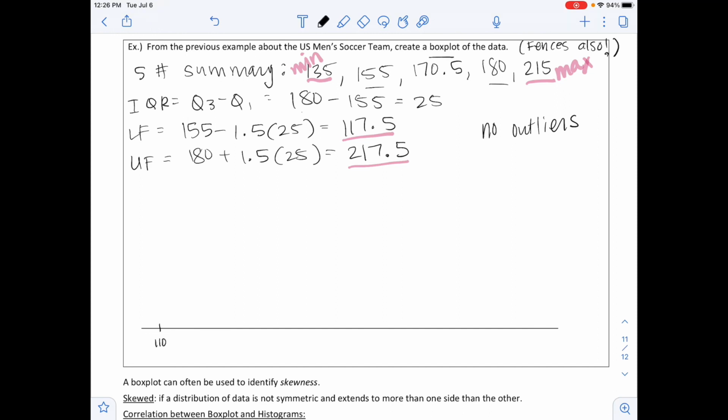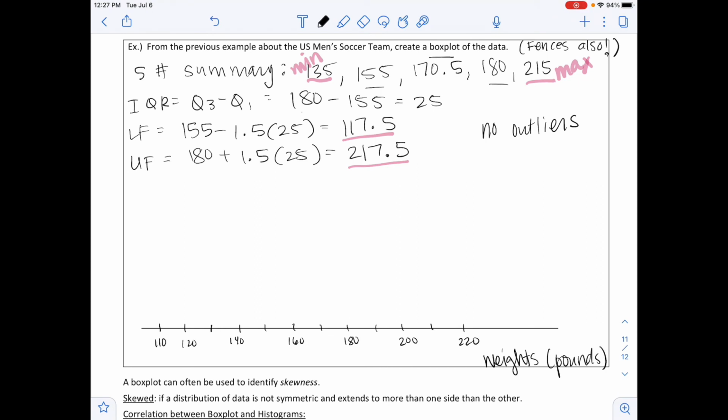So I'll count starting at 110, 120, 130, 140, 150, 160, 170, 180, 190, 200, 210, and then 220, which should be enough for this. Make sure you label your axes always. This is weights, and we're measuring these in pounds.